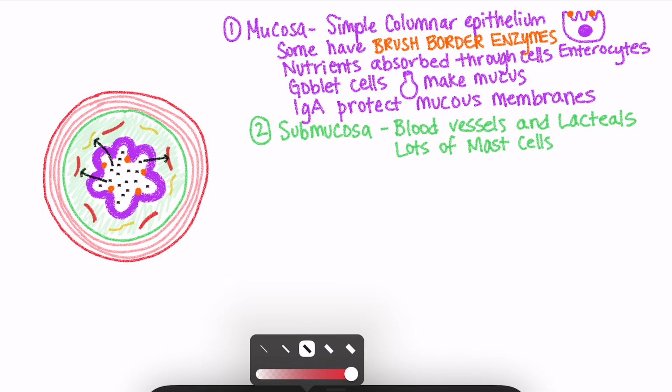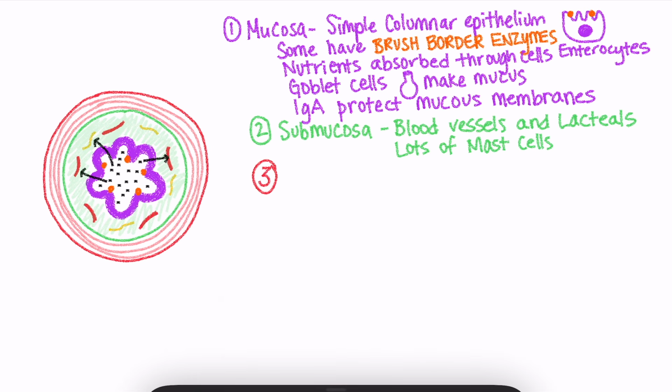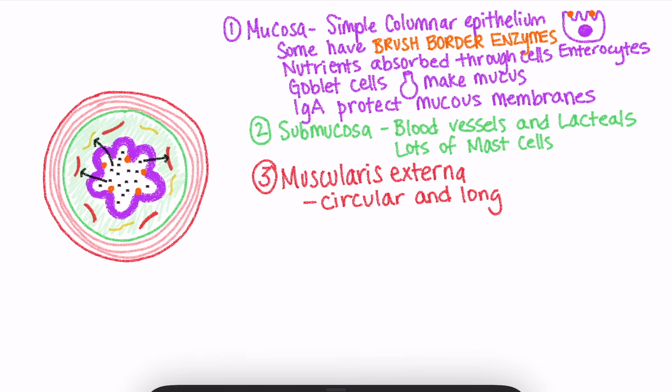So we call this the third layer, the muscularis externa. And you've got circular, which we just drew, and longitudinal is most typical. Now the stomach also has that oblique layer, but most of the GI tract just has the circular and longitudinal layers. So I'm going to draw another layer out here to represent the longitudinal layers.